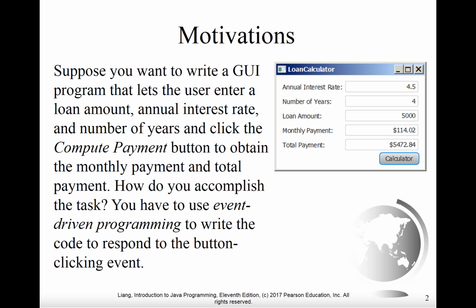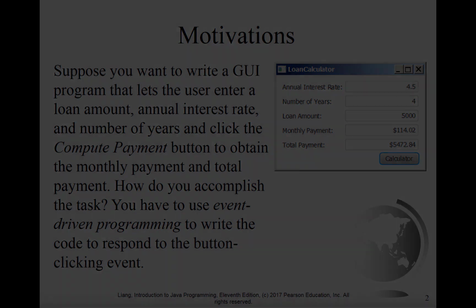And if you could respond to that, your response would be to simply take the values in the first three text fields above, the 4.5, which is the annual interest rate, the 4, which is the number of years, and the 5,000, which is the loan amount, and combine those in the calculations that you did already in an earlier chapter when we studied this, and take those results and put them into the text fields marked monthly payment and total payment. So that's one of the things we're going to learn how to do in this chapter.